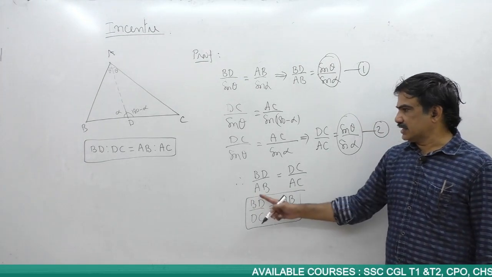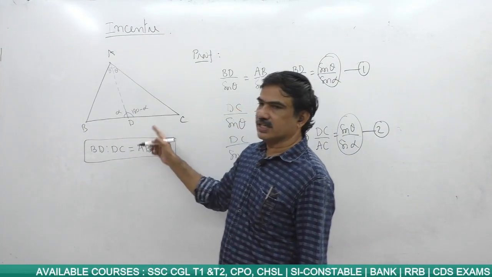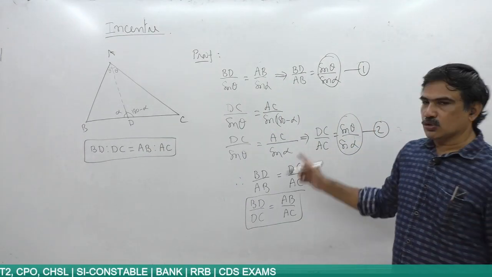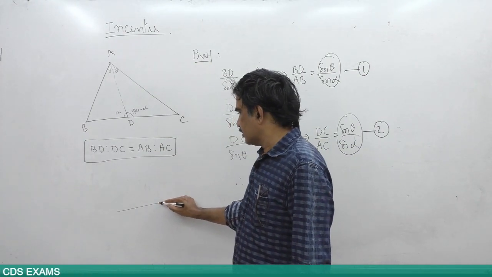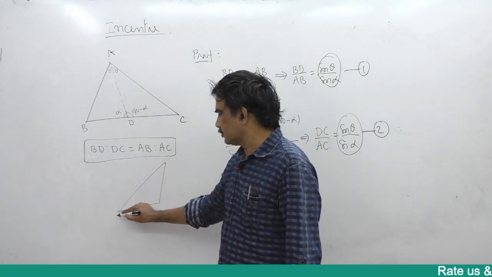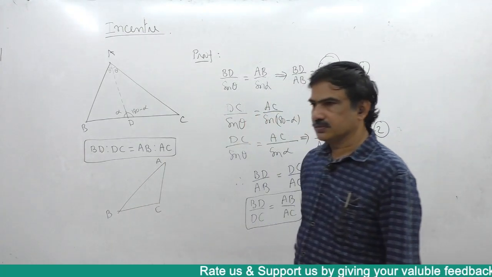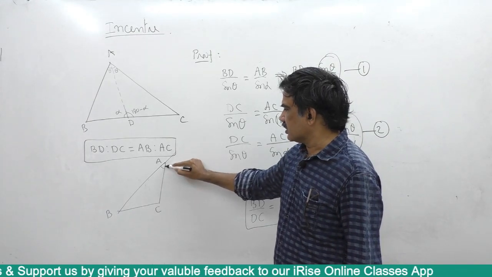The angular bisector divides the opposite side in the ratio of its adjacent sides. Not only this one. For example, if there is a triangle like this, A, B, C. If this is the internal angle, and you extend this, this is the exterior angle.